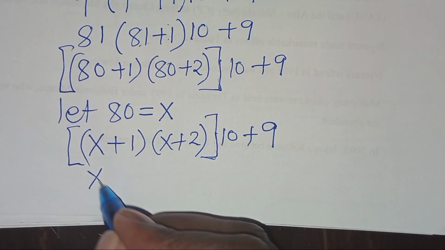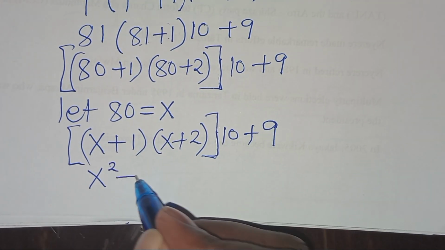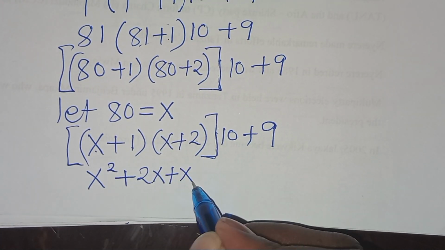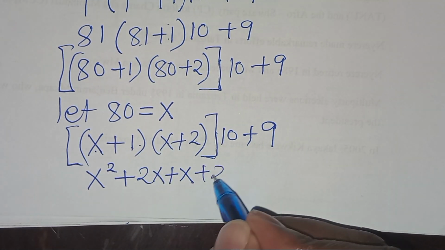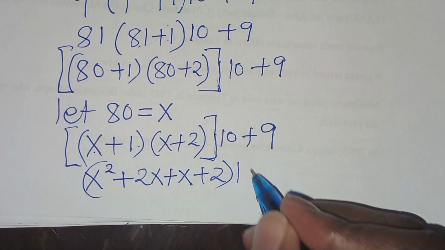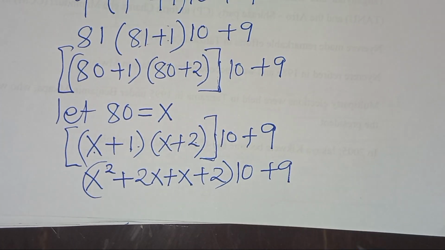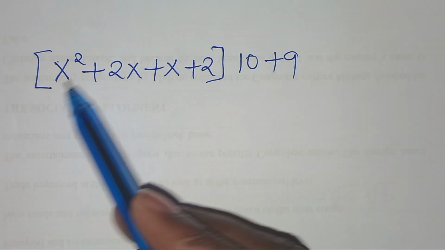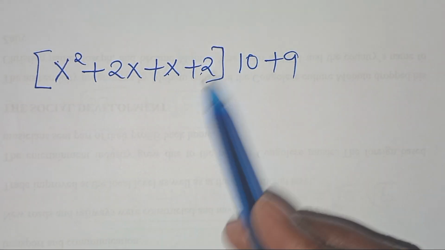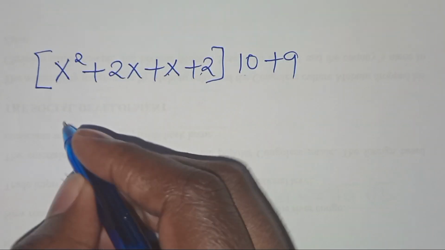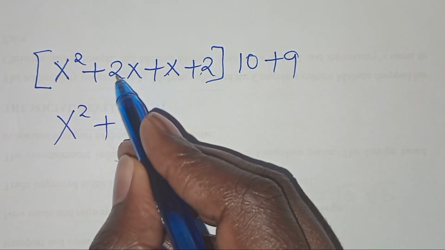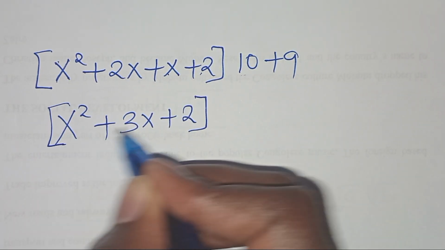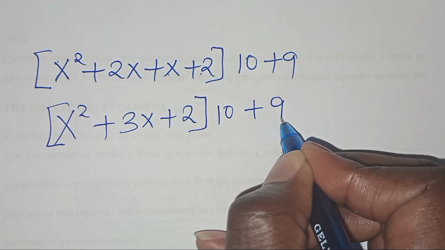This is the same thing as x times x, which is x squared, plus x times 2, this is plus 2x, then plus 1 times x, this is x, then plus 1 times 2, this is 2, all this multiplying by 10, then plus 9. So let's proceed. Now here we have x squared plus 2x plus x plus 2, everything multiplying by 10 plus 9. So this is x squared plus 2x plus x, this is 3x plus 2. Now everything here multiplying by 10, then plus 9.